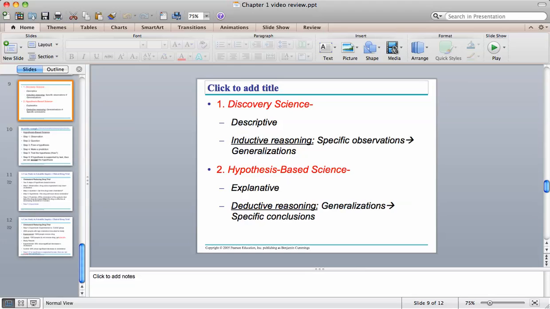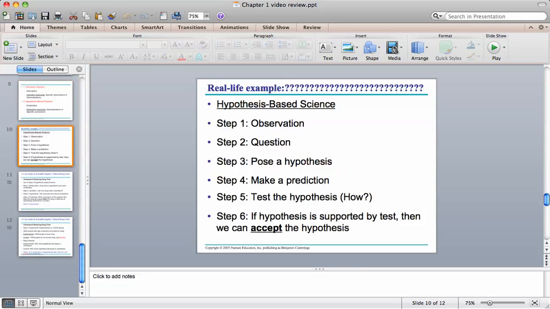And then hypothesis-based science, you're explaining something, you're trying to come to a conclusion, so you're using deductive reasoning. So you're taking those generalizations from discovery science, utilizing them here, and you're asking why. Why does that happen? And you're coming to specific conclusions. So for hypothesis-based science, you'll be responsible for the 6 steps.